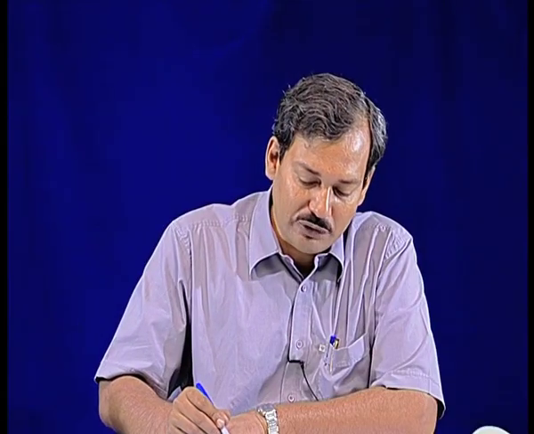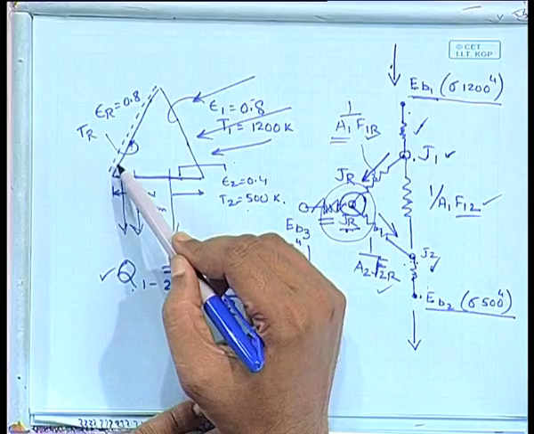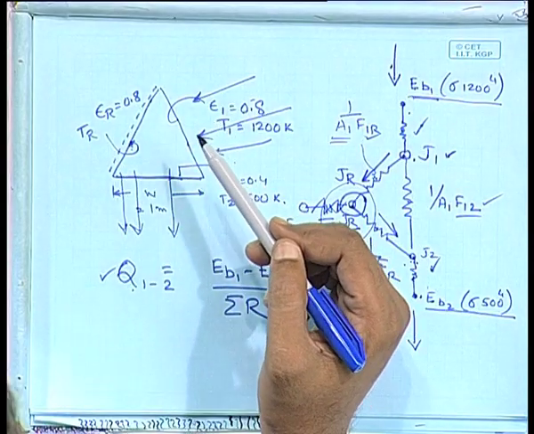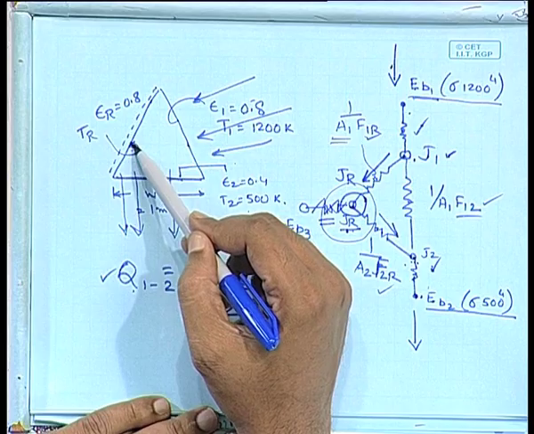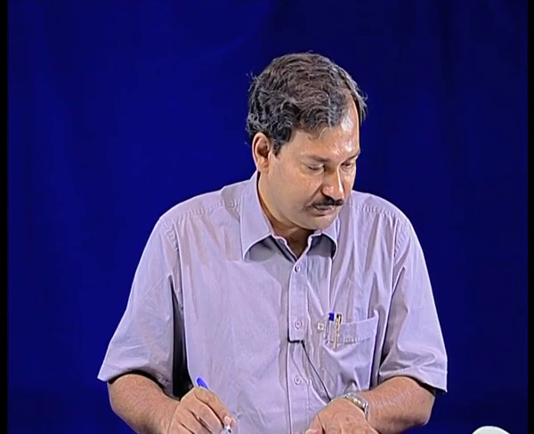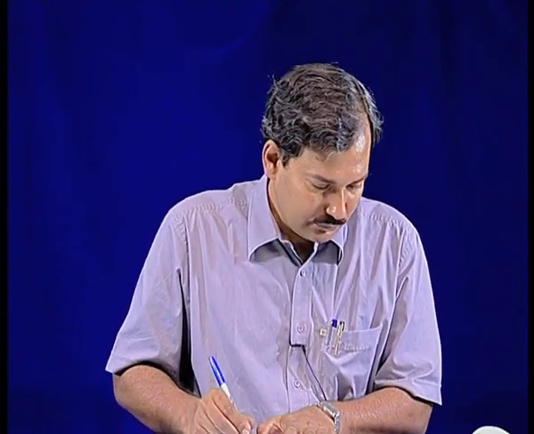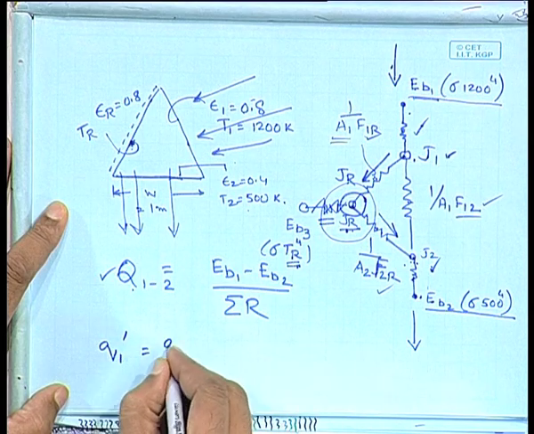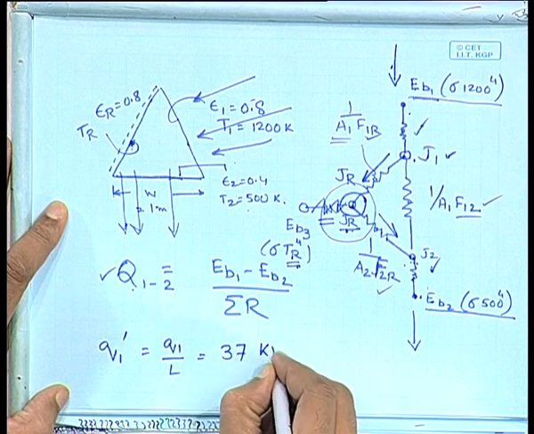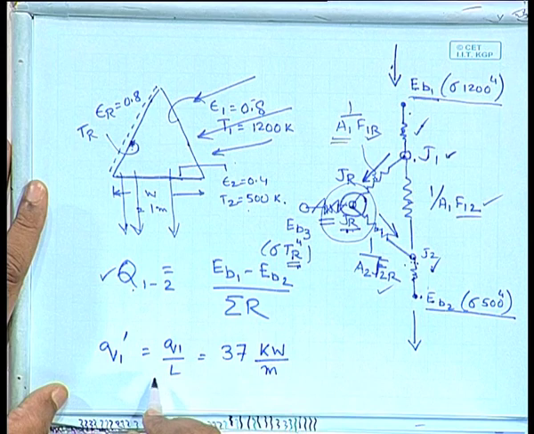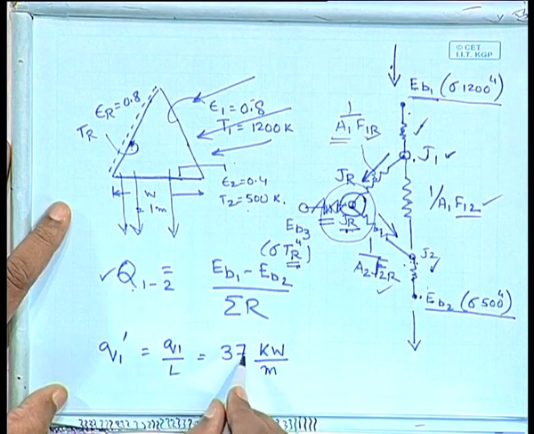Right. So, you not only find out, for steady state operation of this furnace, how much energy you are supplying from outside, you also find out, if there is an insulated surface which has to be there for a furnace, what would be the temperature of that wall. Any question about the methodology? Okay. The answers that you have: the amount of energy that you have to add per unit length is 37 kilowatt per meter.